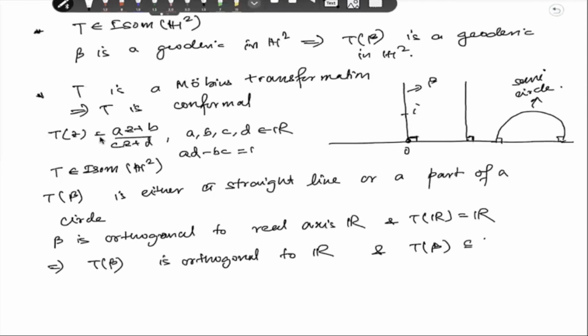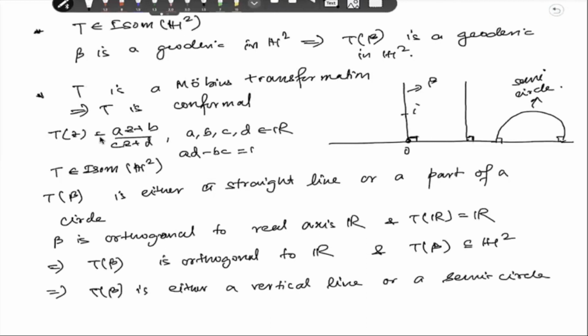So certainly T of beta is contained in this upper half plane. So this implies that T of beta is either a vertical line or a semicircle with center on the real axis.